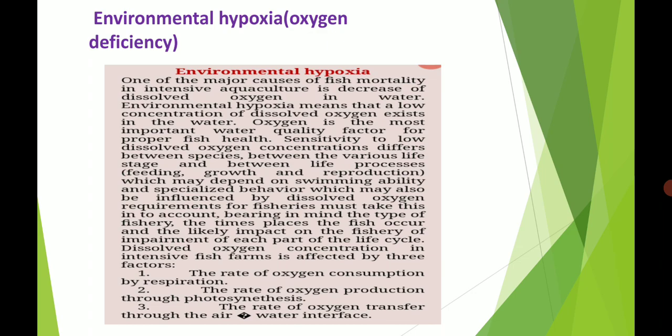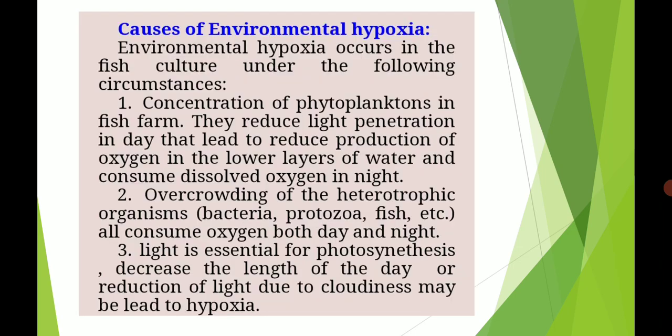Dissolved oxygen concentration in intensive fish farms is affected by three factors: the rate of oxygen consumption by respiration, the rate of oxygen production through photosynthesis, and the rate of oxygen transfer through the air-water interface.